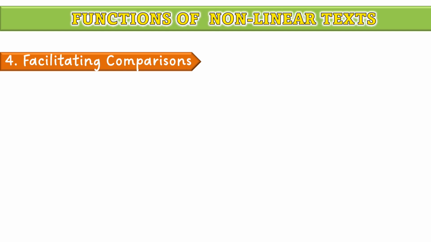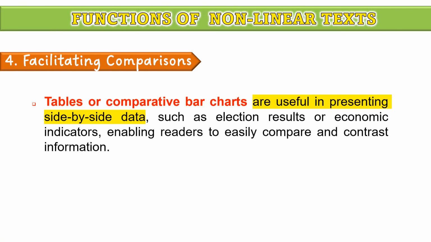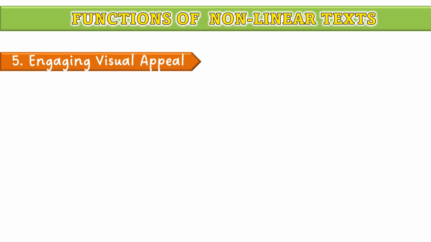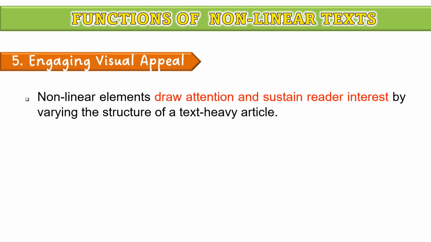Number 4. Facilitating comparisons. Tables or comparative bar charts are useful in presenting side-by-side data, such as election results or economic indicators, enabling readers to easily compare and contrast information. Number 5. Engaging visual appeal. Nonlinear elements draw attention and sustain reader interest by varying the structure of a text-heavy article.